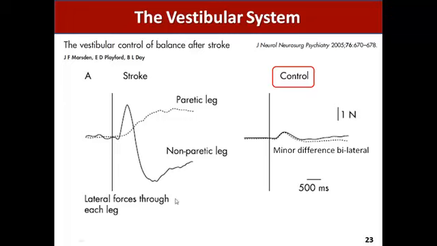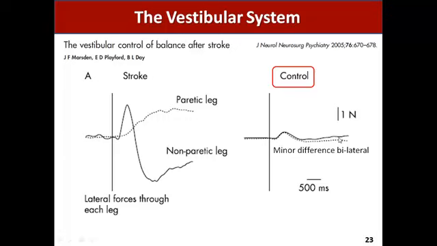We see that those healthy participants following galvanic stimulation still produced that lateral perturbation, but they were still able to produce and maintain a relative balance between the right and left leg in terms of the forces applied to the ground.